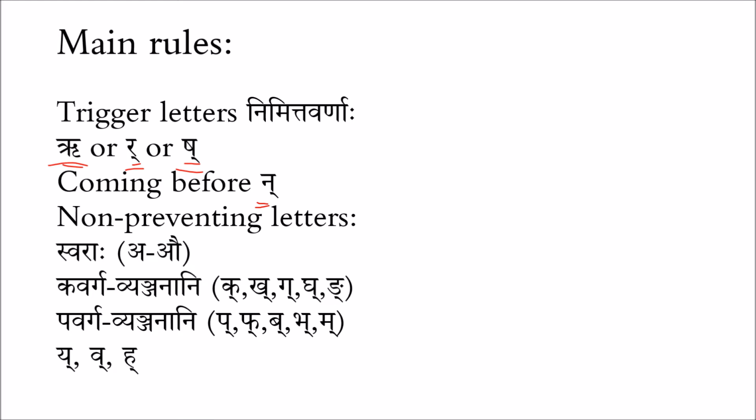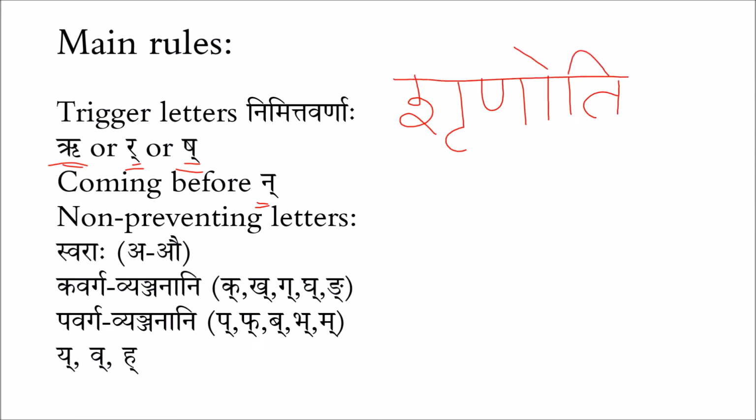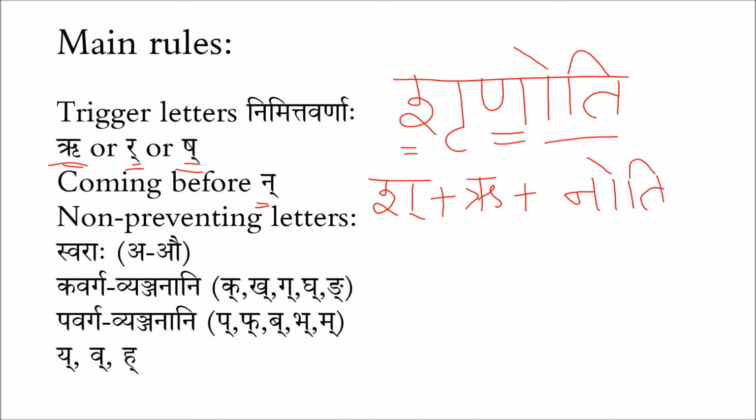For example, if we take the word Shrunoti, which we saw earlier. What is this word made of? The first letter is Sh, and then there is a Ru, a vowel, and then there is Noti, but originally the suffix was like this, Noti. So here we have Na.